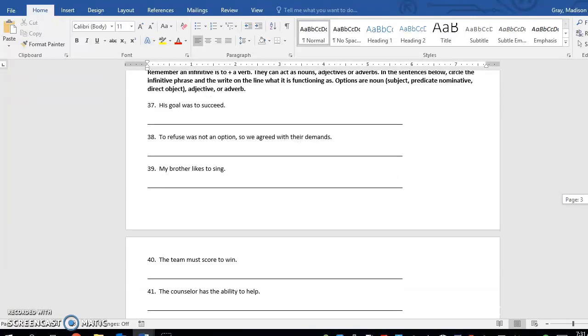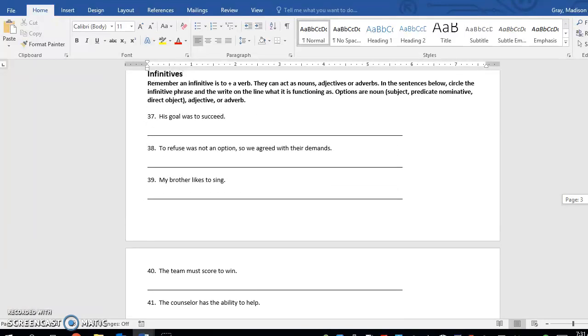And finally, our new topic, infinitives. Remember, infinitive is to plus a verb. So what you're going to do is you are going to circle the infinitive phrase. Infinitive or infinitive phrase. So like his goal was to succeed. So you'll circle to succeed. And then you're going to label on the line below what it's functioning as. So is it a noun? So is it a subject, predicate nominative, or direct object?